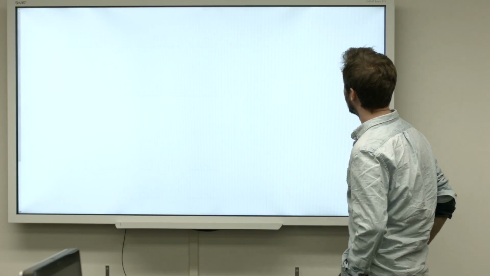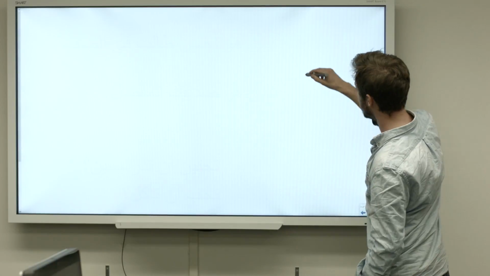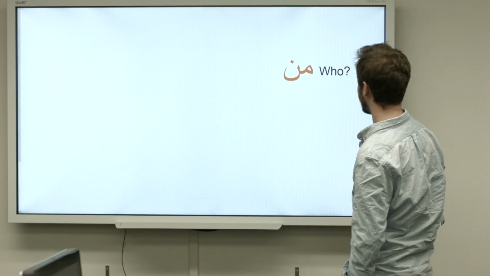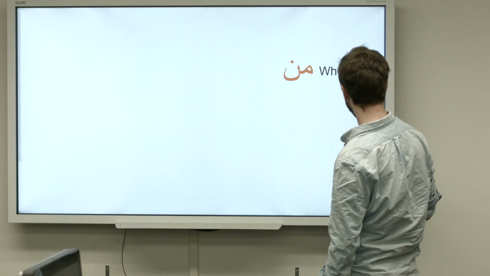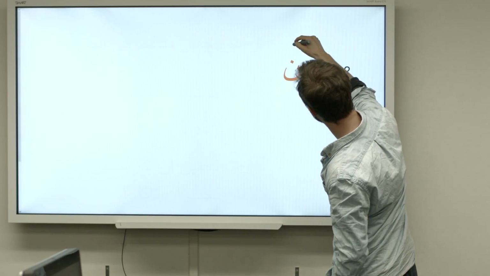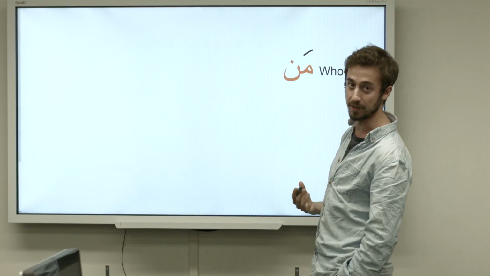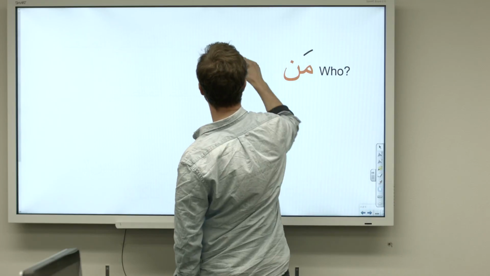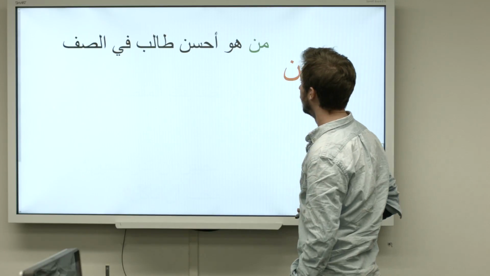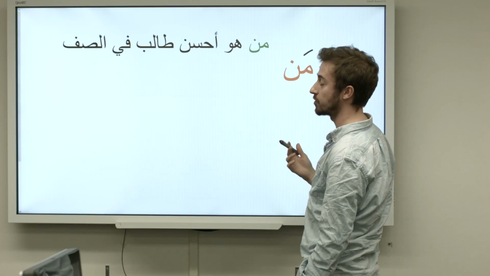So moving on. The next one is the interrogative particle man, who. And the short vowel in there, just so you're clear about this, is this. So man. Not min, which means from, which you're very familiar with. But so looking at some examples, we have man huwa ahsan talib fi as-saf.